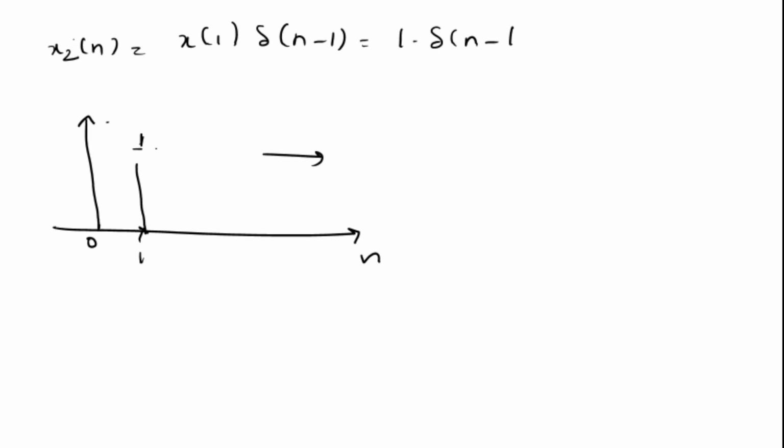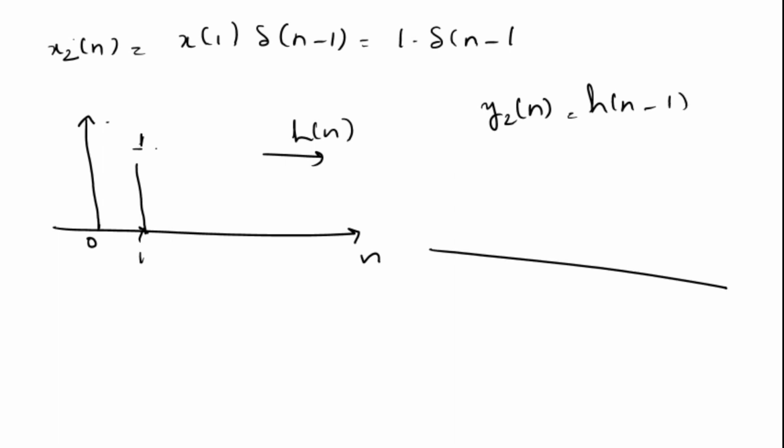That should be multiplied with h of n, and we will get y2 of n as h of n minus 1. We have to shift h of n by 1 unit in the right direction. At 1 it is 1. At 2 it is 0.5. At 3 it is 0.25.